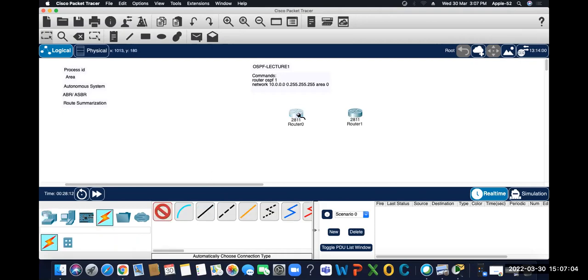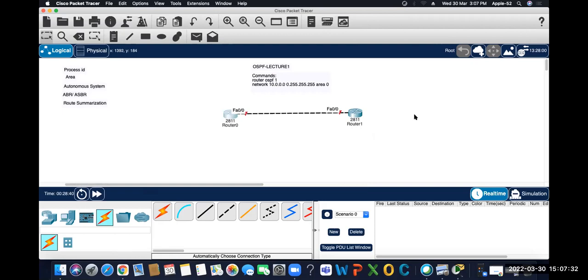Is it required that I give the same process ID here, let's say 1, and then give process ID 1 here as well, so that they can communicate? In another way, is it required that both routers have the same process ID so that they can communicate?